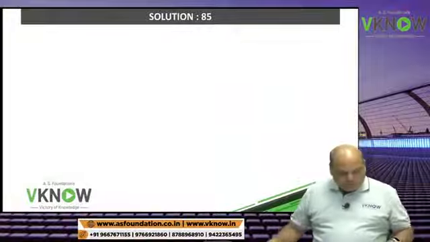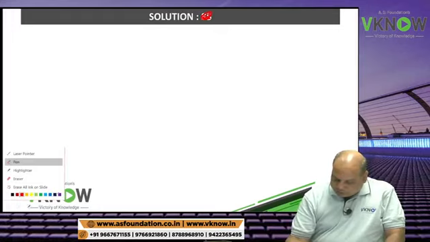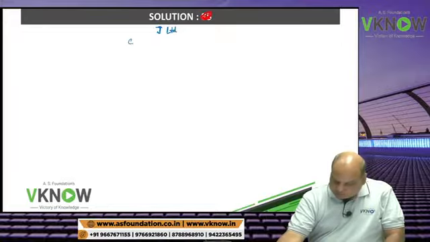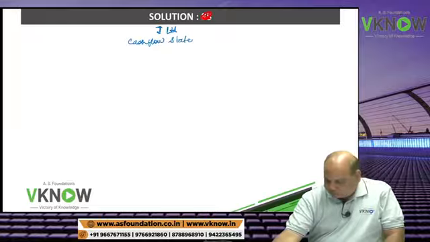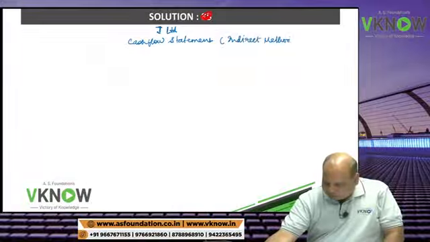So we are going to solve this question under indirect method. My dear students, first we'll have to draw the format. You will first write down the name of the company. Write in the notebook nicely. This is a 12 mark question. J Limited, cash flow statement. For your understanding, write down indirect method.